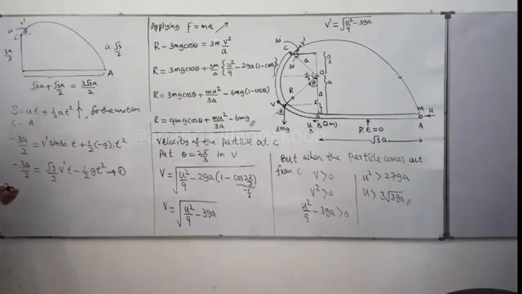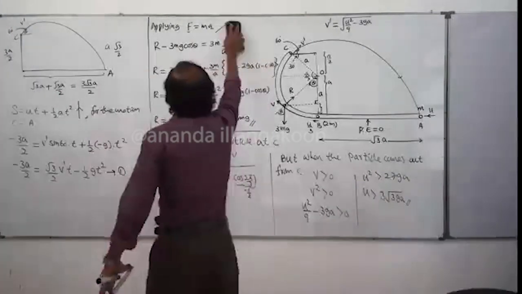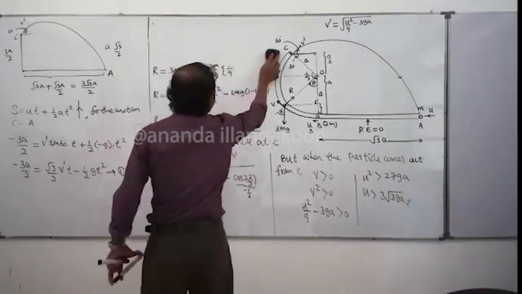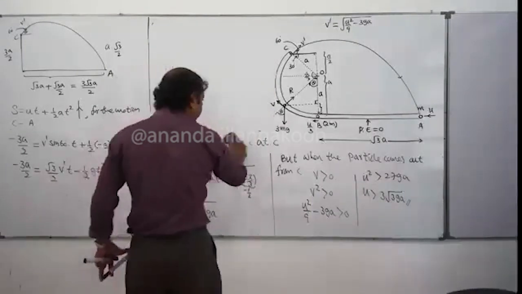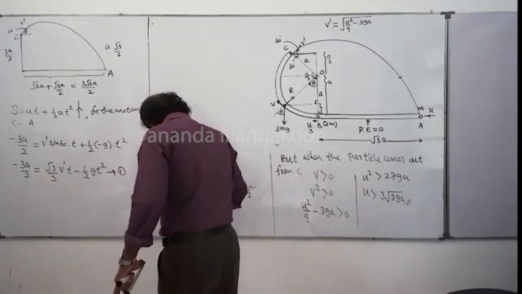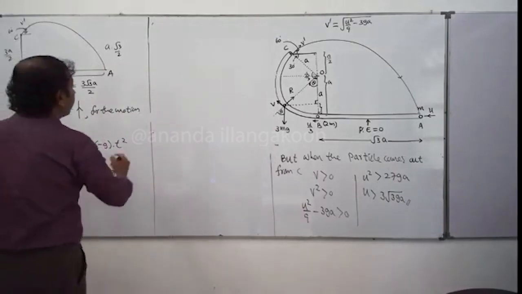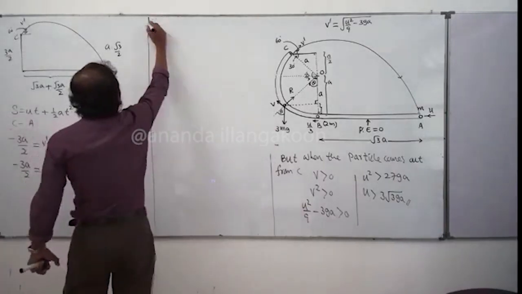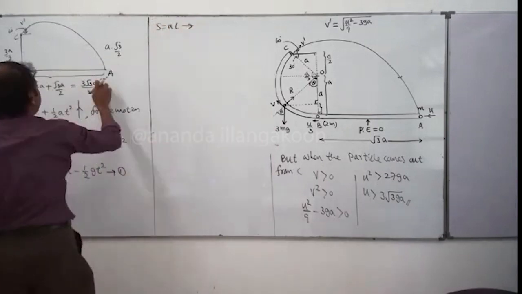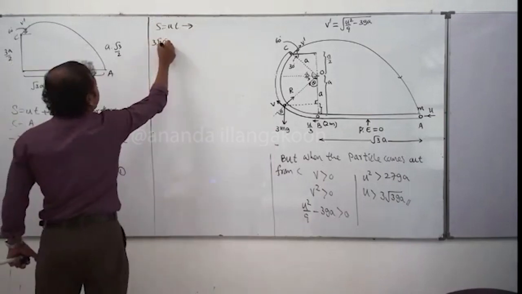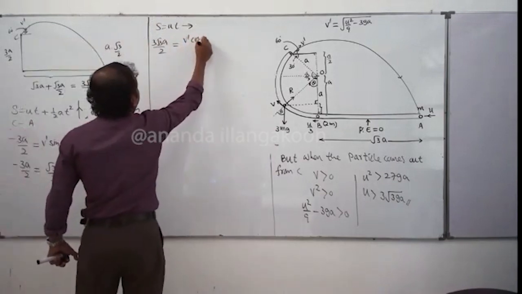Now we apply s equals ut horizontally, right? You can apply it horizontally rightward. This length is going to be 3 root 3A by 2 equals v dash cos 60 times t.